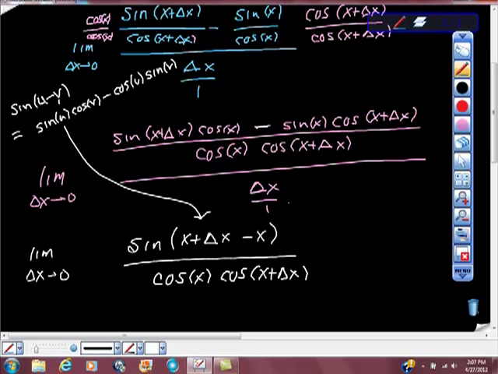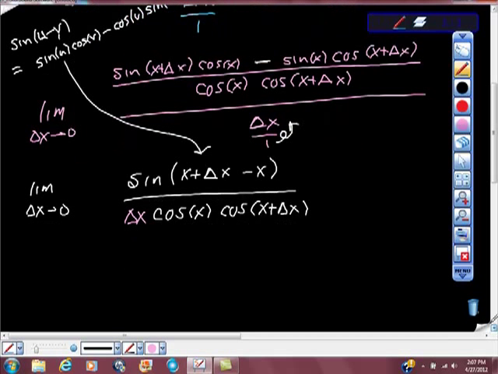This is a complex fraction now, so I'm going to bring this up as its reciprocal. I'll multiply it by 1 over change in x. So that change in x ends up here. Do a little simplifying: x minus x, 0.